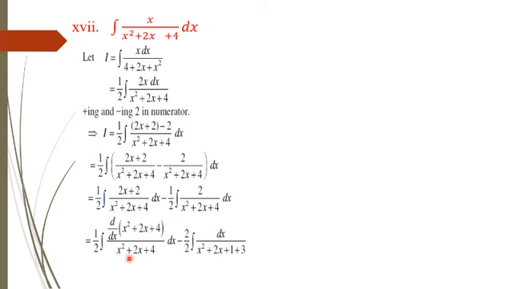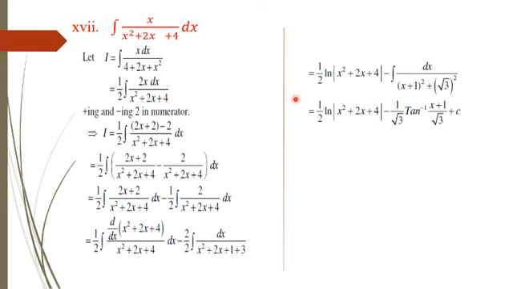So if we have a function in the denominator and its derivative in the numerator, we have natural log of the function plus c, as we know from our previous lecture. So in this expression we have 1 by 2 natural log of the function. What is the function? The function is x square plus 2x plus 4.